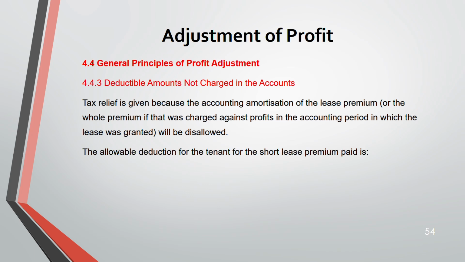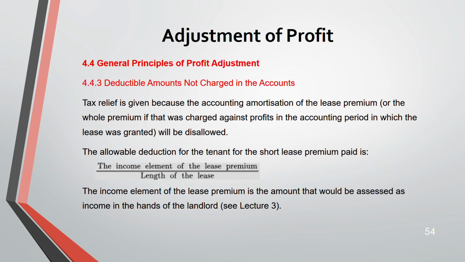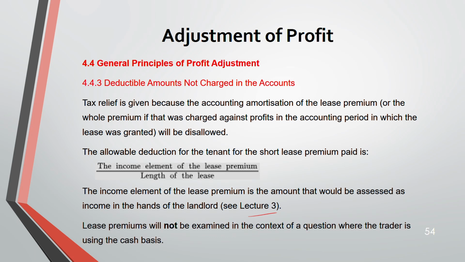The allowable deduction for the tenant for the short lease premium paid is: take the income element, divided by the length of your lease. The income element of the lease premium is the amount that would be assessable as income in the hands of the landlord. We have seen this in section 3. Lease premium will not be examined where the trader is using cash basis.